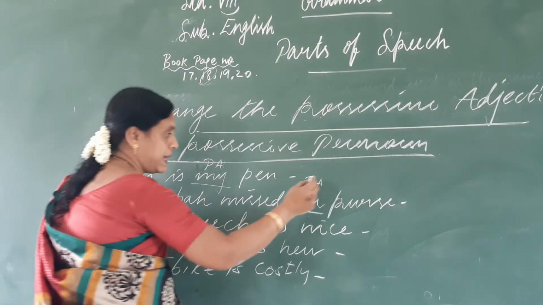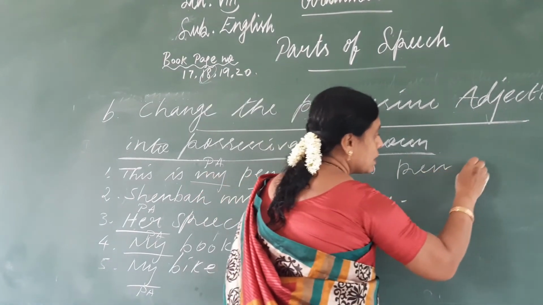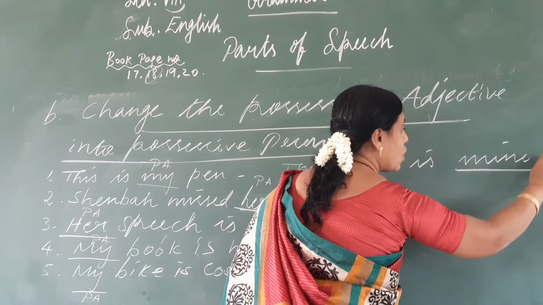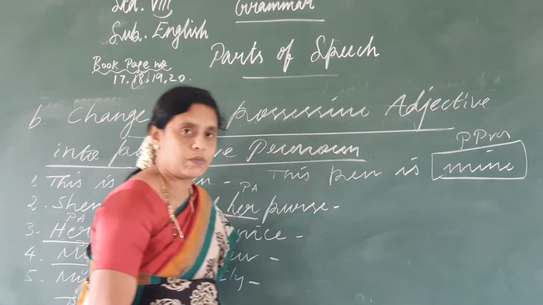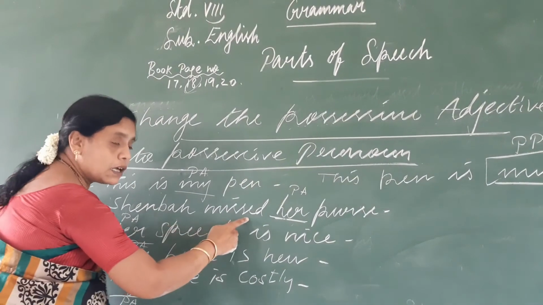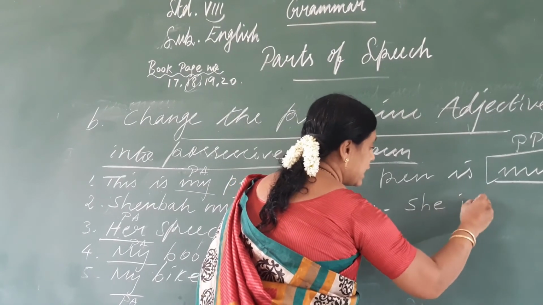This is my pen. This pen is mine. This is called a possessive pronoun.